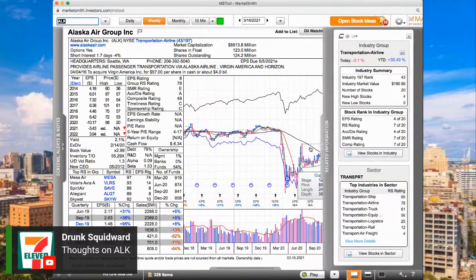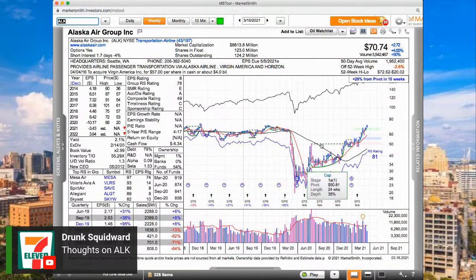The last real opportunity was back at the end of February, when it had this cup base at about 50. It has gone up tremendously since then, about $20 a share. So I don't really see any place to buy this one.